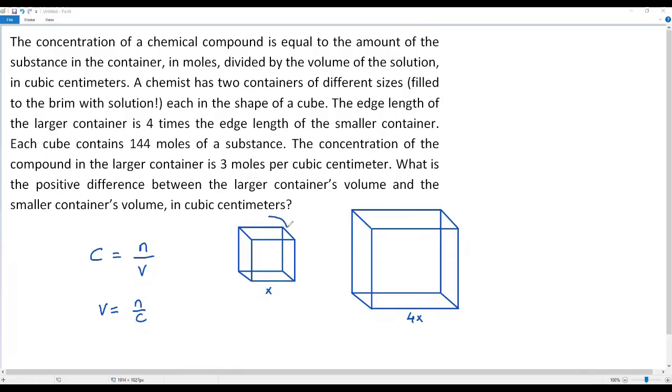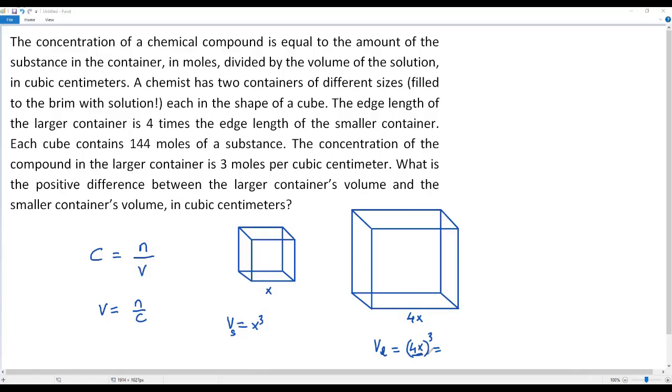Now let's get the volume of the smaller container. Since it's a cube, to get the volume we raise the edge length to the power of 3, and we get x to the third power. So x cubed is the volume of the smaller container. To get the volume of the larger container, we do the same thing: the edge length 4x has to be raised to the power of 3.